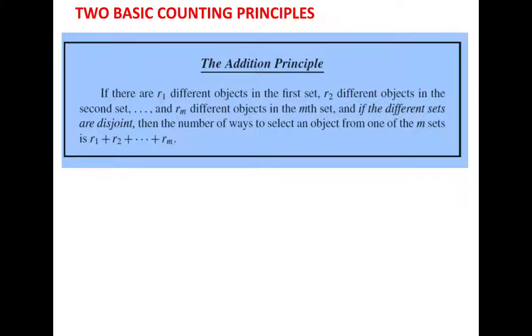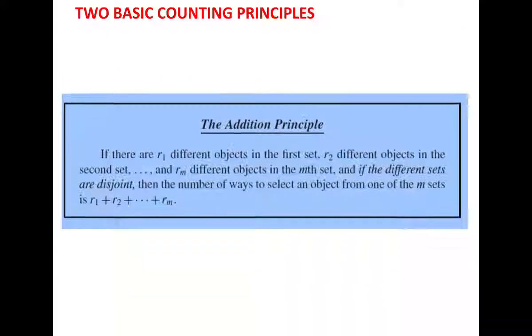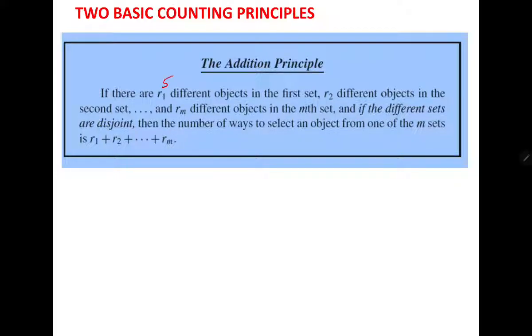The addition principle says that if there are R1 different objects in the first set, for example, there were 5 Spanish objects, then in R2 I have 6 French, and then I have 8 German.